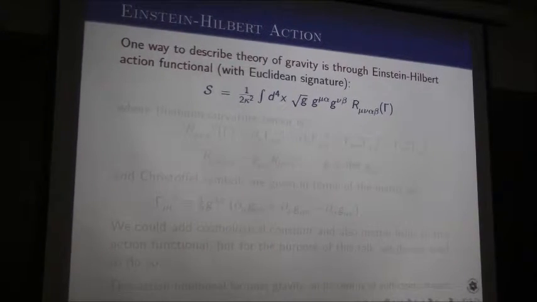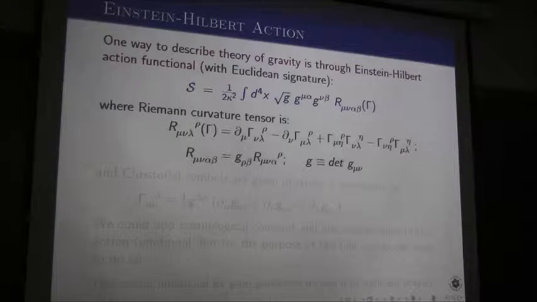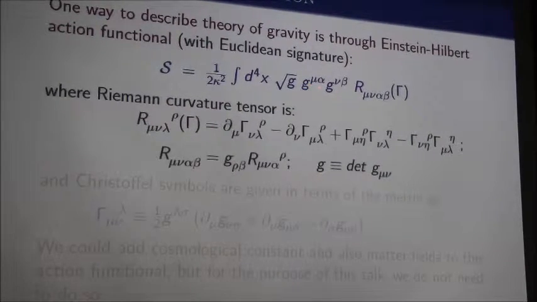So one way to describe the theory of gravity is through the Einstein-Hilbert action functional. We'll take the signature to be Euclidean so that we can avoid carrying many minus signs. The action is root g, g mu alpha, and the Riemann curvature.